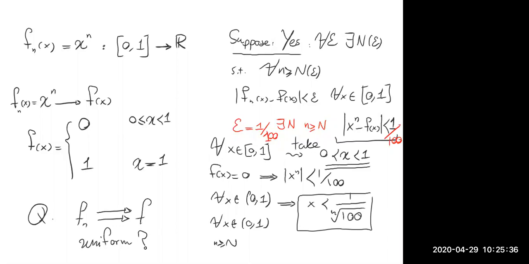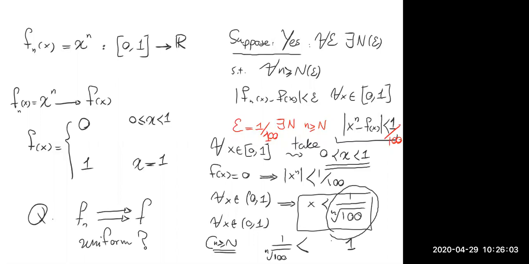Again, no. The answer is no, because when n is very large, we are fixing some n. The point is that this number, 1 over the nth root of 100, is strictly less than 1.